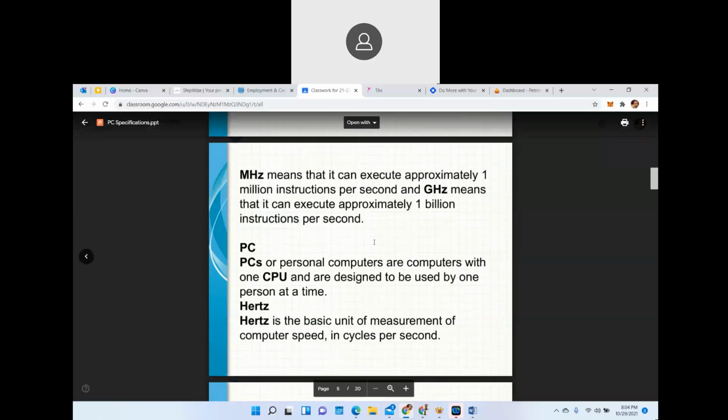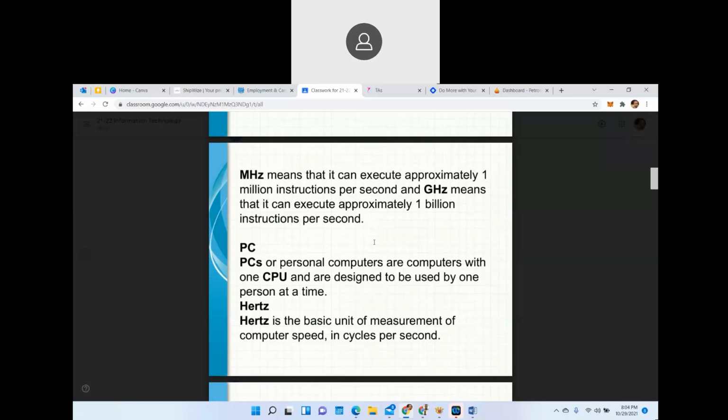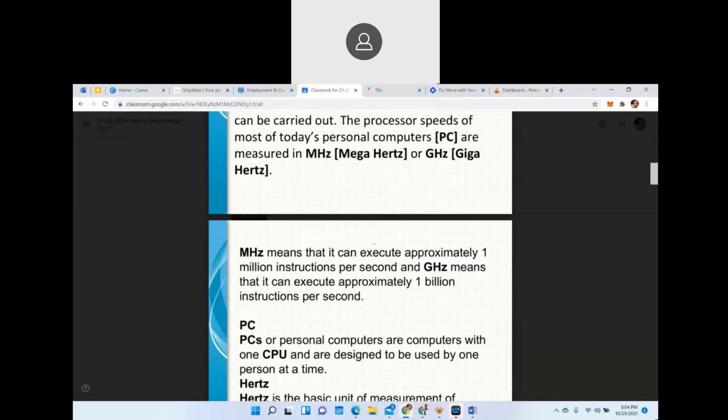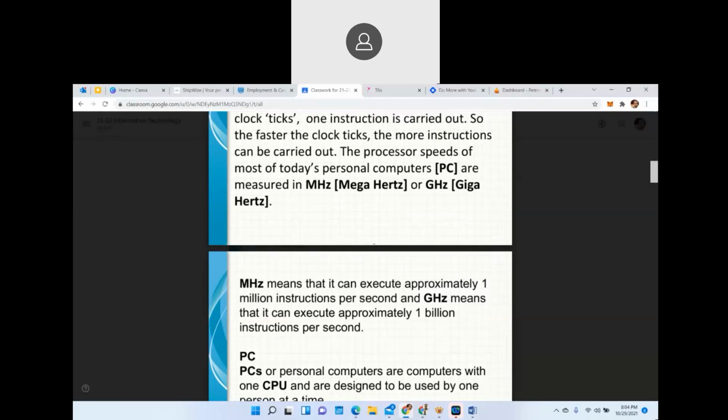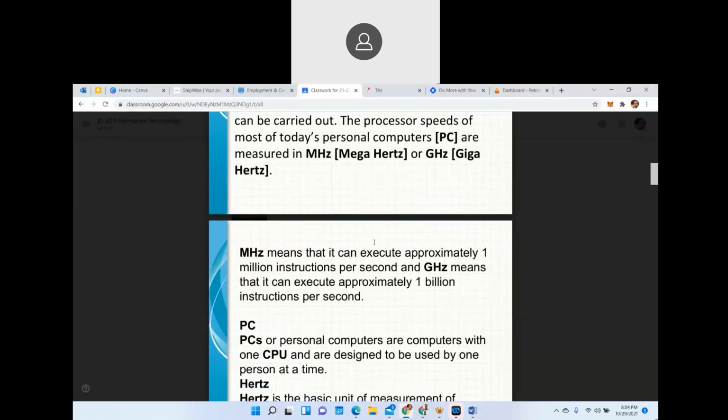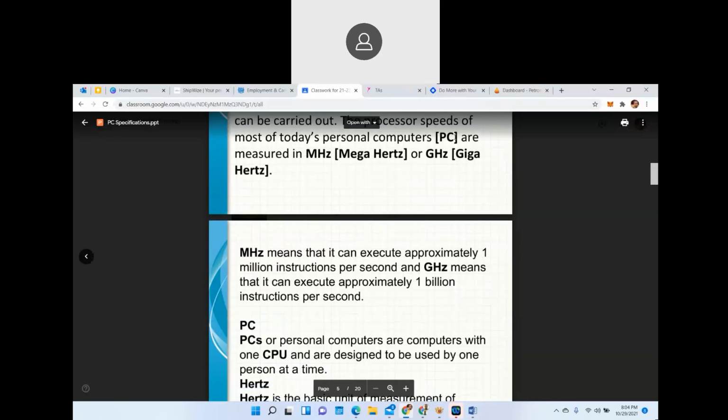This is what I was talking about, megahertz and gigahertz. So from right here, it says the processor speeds of most of today's personal computers are measured in megahertz or gigahertz. Right. You can make a note of that.